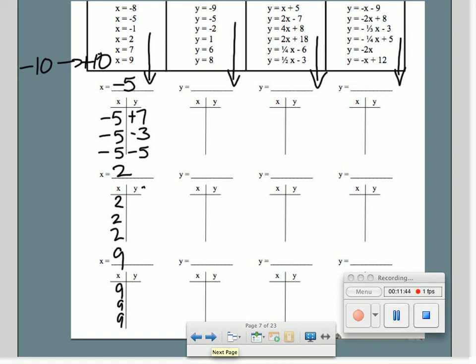But you have to have 1 positive number and 1 negative number. And then for the third one down there, the x is going to be 9, 9, and 9. You're going to tell me what the y is, at least 1 positive and 1 negative number. Remembering that you cannot go beyond 10. Okay?